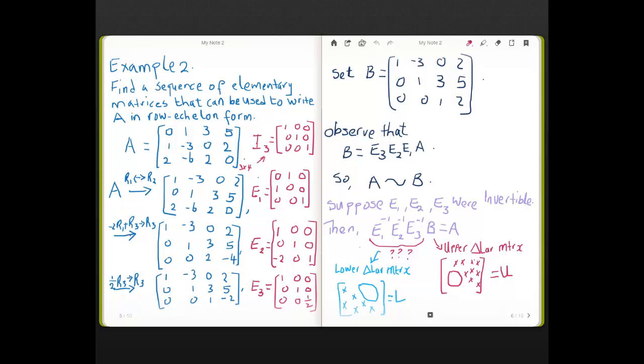B is an upper triangular matrix. So what have we really done here? We have succeeded to decompose the matrix A into a lower triangular matrix times an upper triangular matrix, and we call this the LU factorization of the matrix A. Just hold that thought. We'll come back to that later.